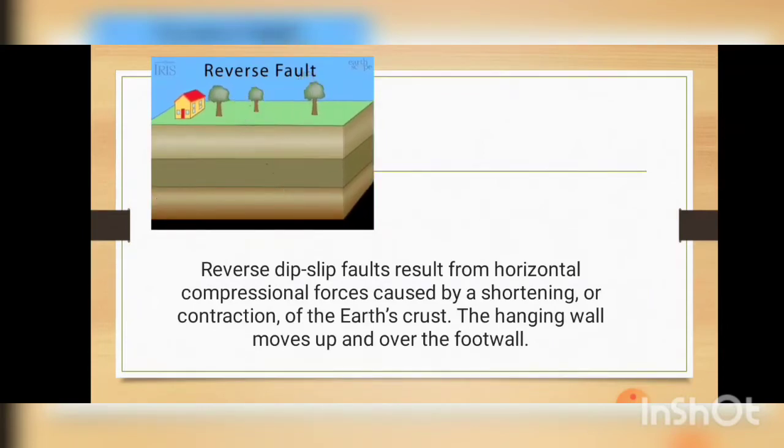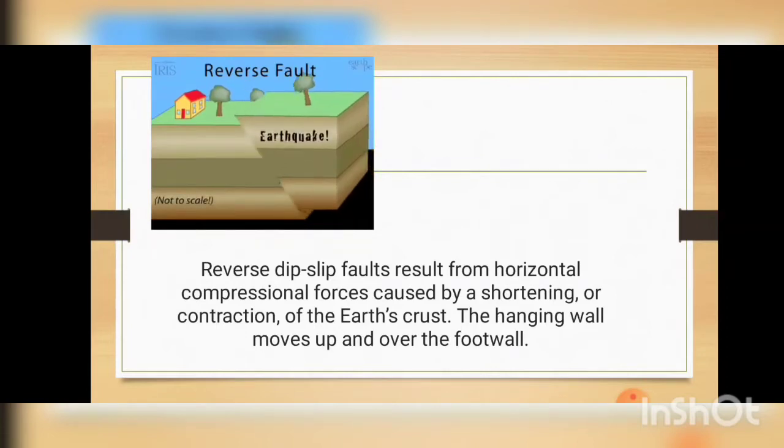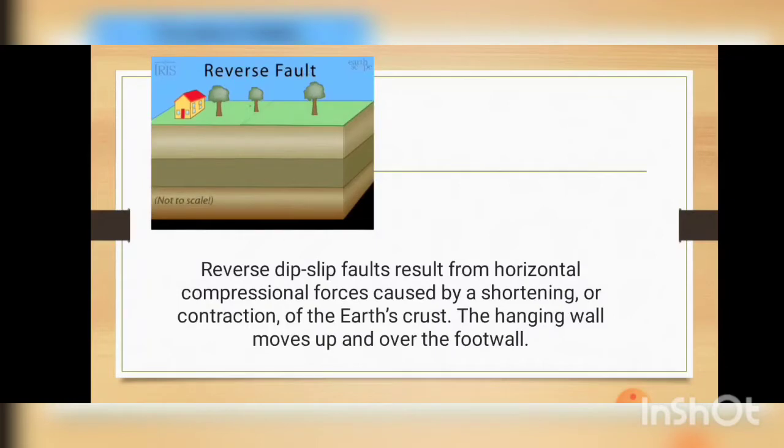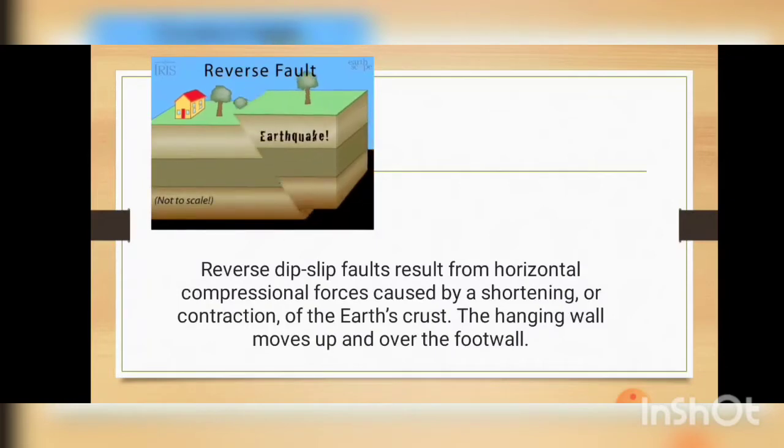If the rock above the inclined fault moves down, the fault is termed normal, whereas if the rock above the fault moves up, the fault is termed reverse.